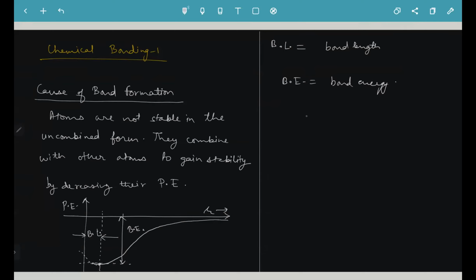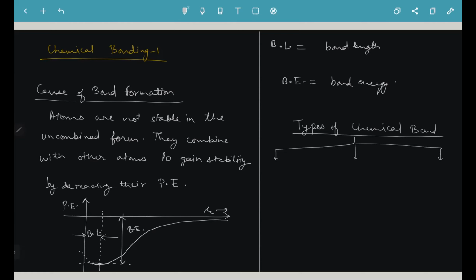Mainly chemical bonds can be of three types. We will discuss types of chemical bond.